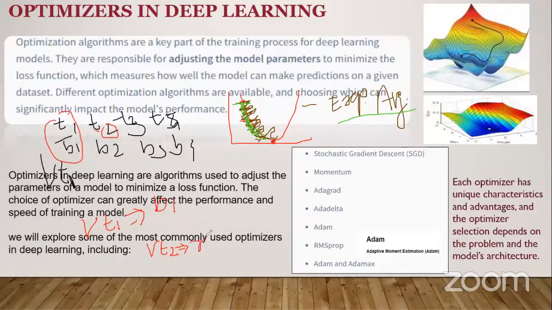By the factor gamma multiplied by V1. V1 is the previous one, right? V1 plus B2.